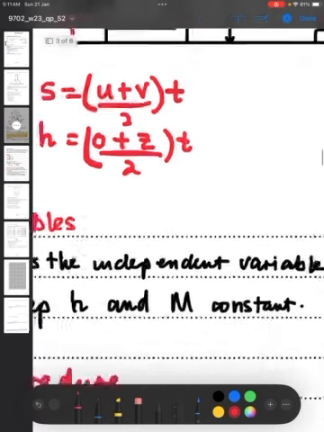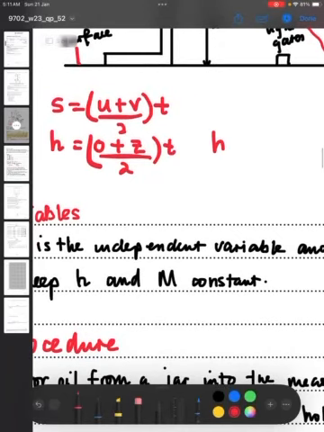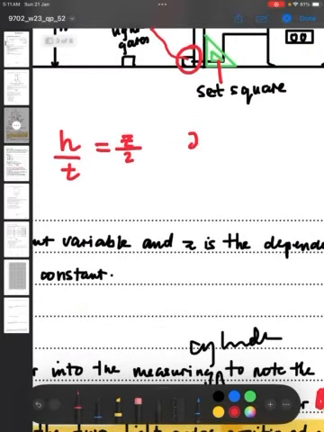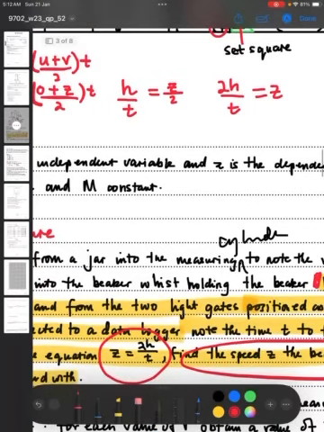So I divide both sides by t. This gives me h over t is equal to (z plus 0) over 2, which is z over 2. So I multiply both sides by 2. So this becomes 2h over t is equal to z. So the final speed with which we arrive at the ground can be found from that equation.